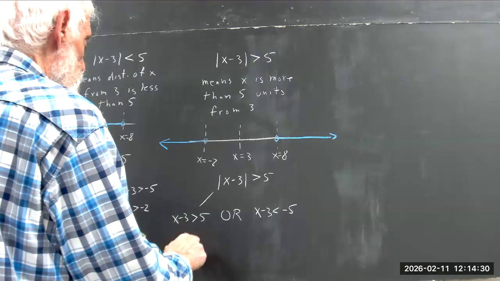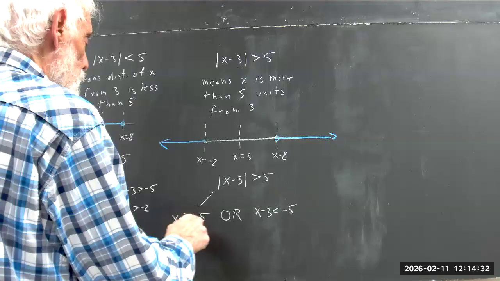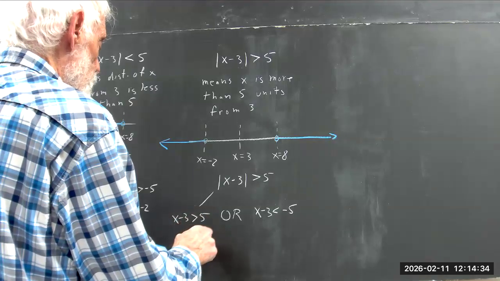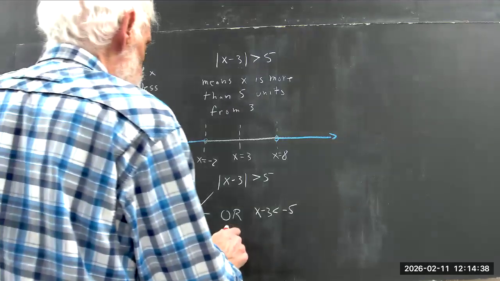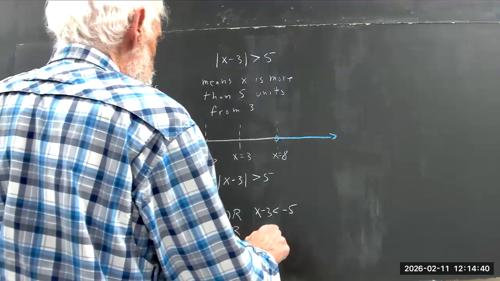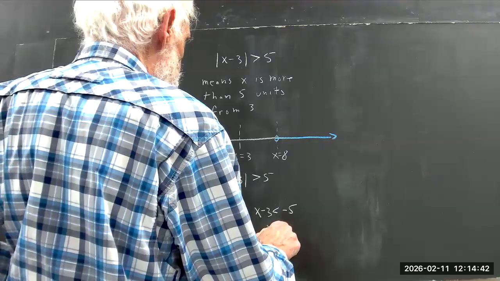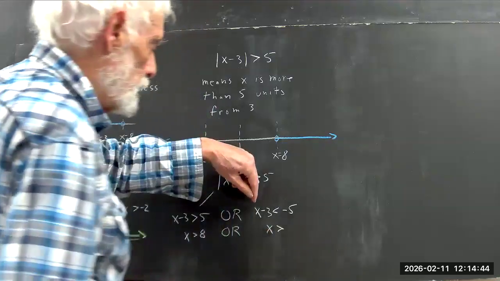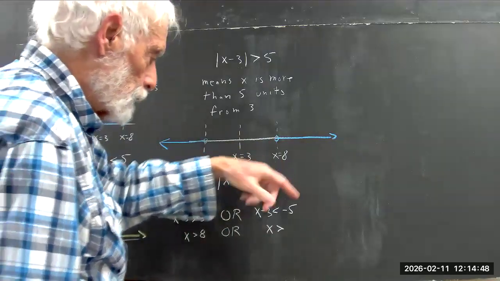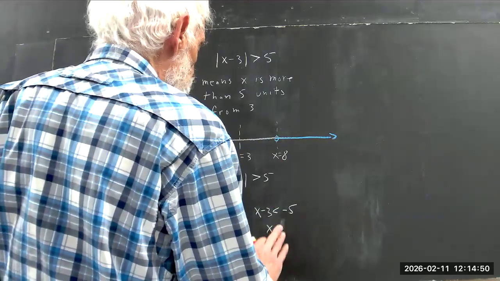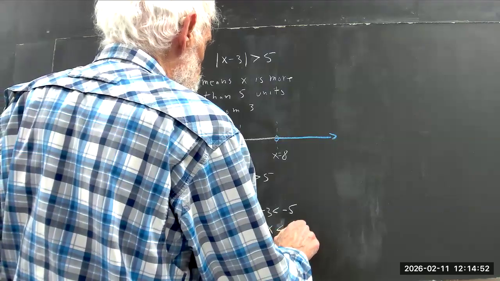Which means if I solve x minus 3 greater than 5, it's obvious that the solution is x is greater than 8. I put an or in here. And then I solve x minus 3 less than negative 5. Add 3 to both sides. I get x less than negative 2.